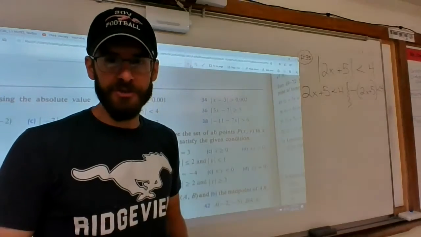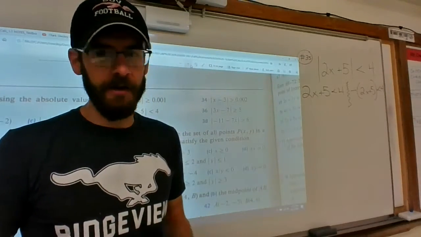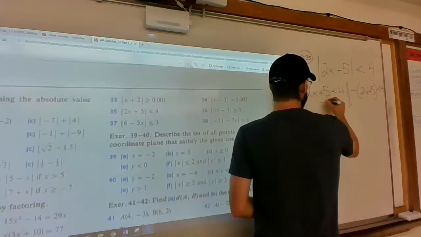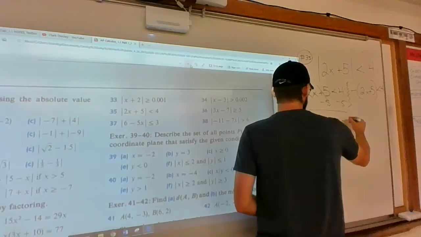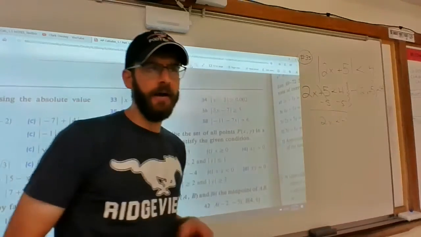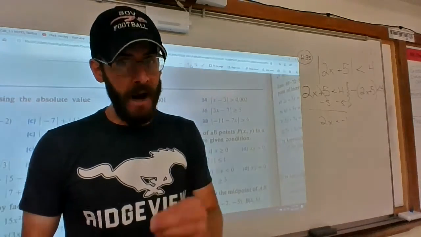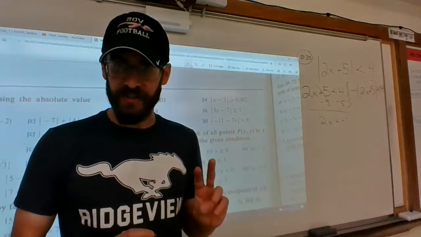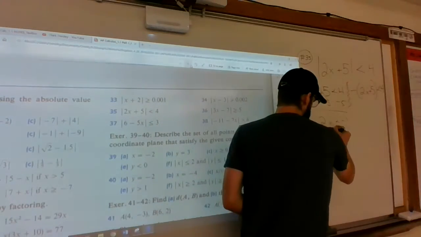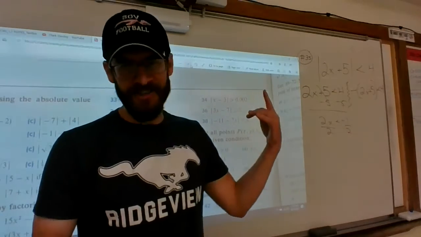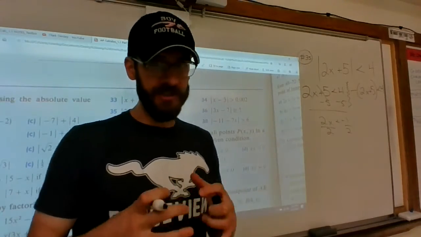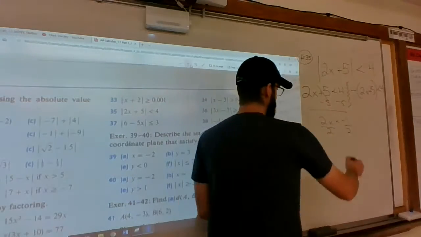And really from there, it's just doing basic Math 1 type stuff. Remember, there's a concept about dividing by negative numbers that switches the direction of the inequality symbol. Since we're dividing both sides by 2, it doesn't matter if the top's negative. It doesn't switch the symbol for this case.